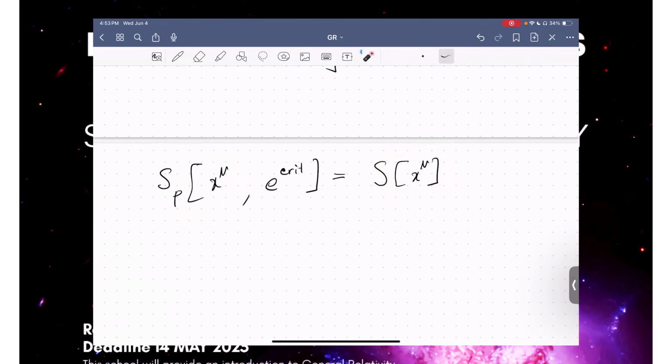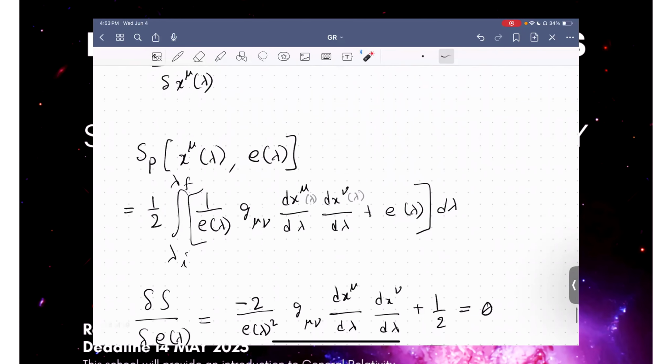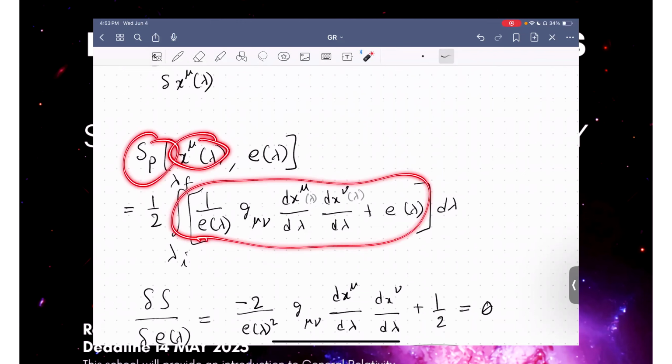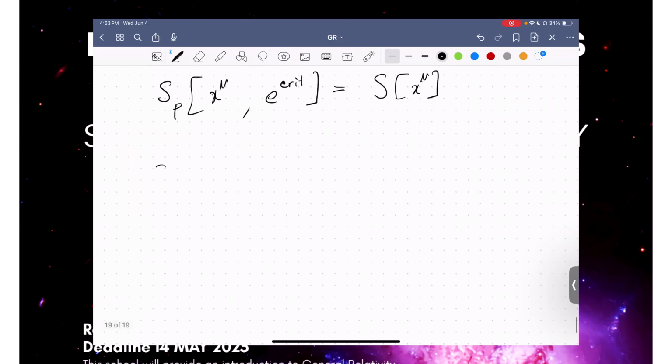So now we rely on the idea that when you're extremizing a function with respect to its arguments, it doesn't matter which argument we extremize first. So instead of extremizing this first, we could have extremized this. And it's easy to extremize SP with respect to x because there are no square roots. Okay. So we can easily compute these quantities. I have to skip some computational steps, but well, okay.